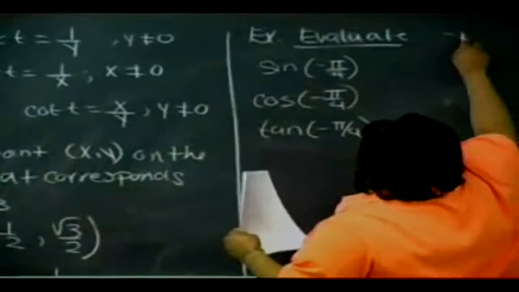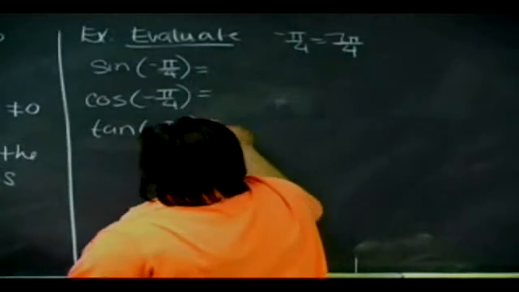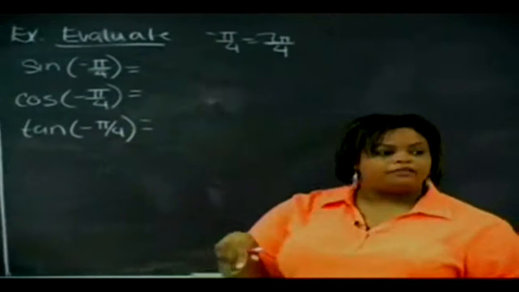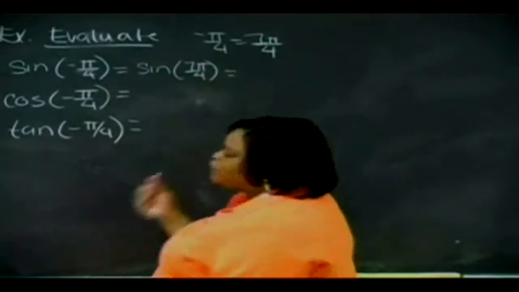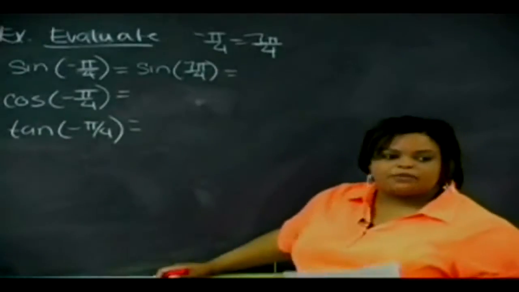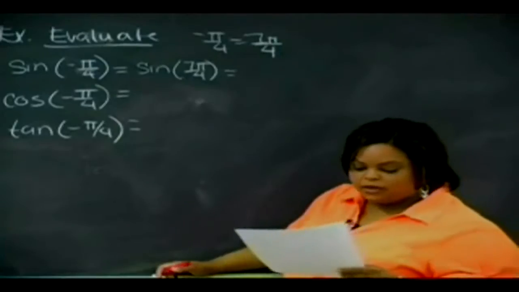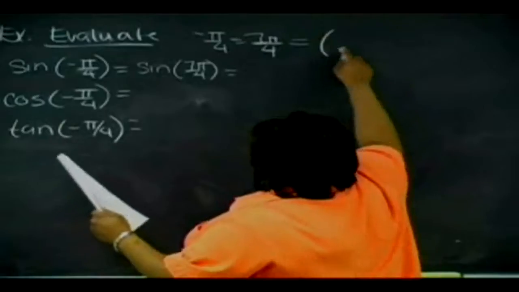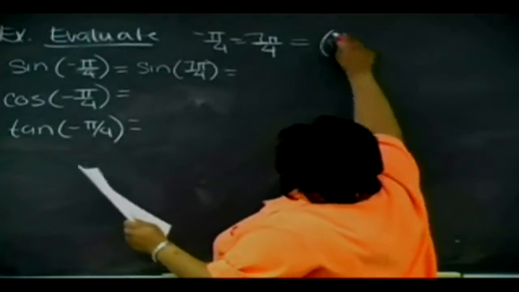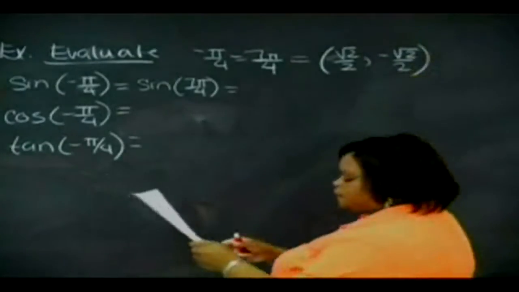Which means that in order for me to evaluate, I need to look at 7 pi over 4. So what is sine of 7 pi over 4? Sine represents which coordinate that's associated with that point? It's associated with y. And what's the y coordinate? What is the point associated with 7 pi over 4? Is it square root of 2 over 2, comma what? Okay?